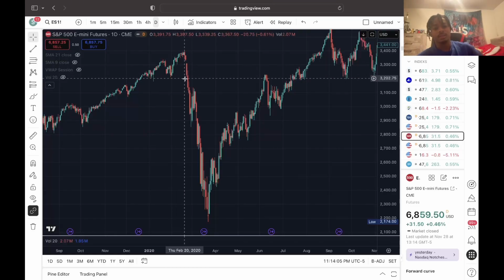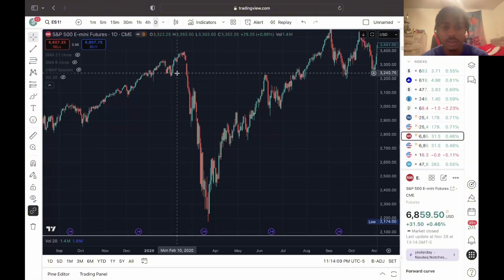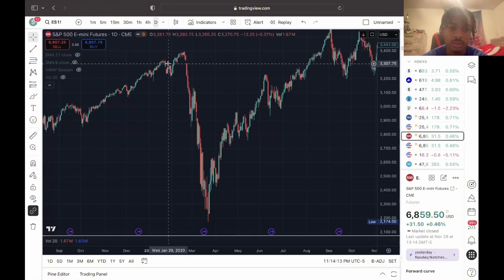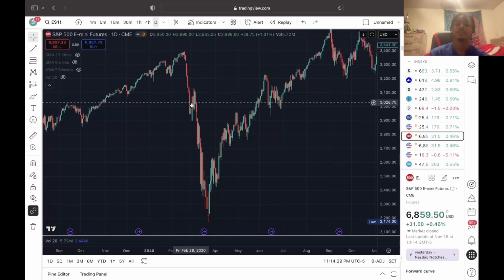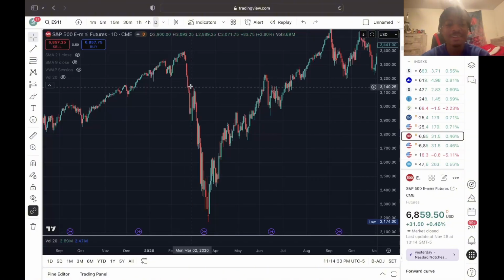Whenever we break this low right here, we know that we're in a downtrend, because instead of making a higher low, which would be above this high, we made a lower low all the way down here, right? So meaning that not only did we break one low, we broke two lows and a third low. So a confirmation that we're in a downtrend, right?